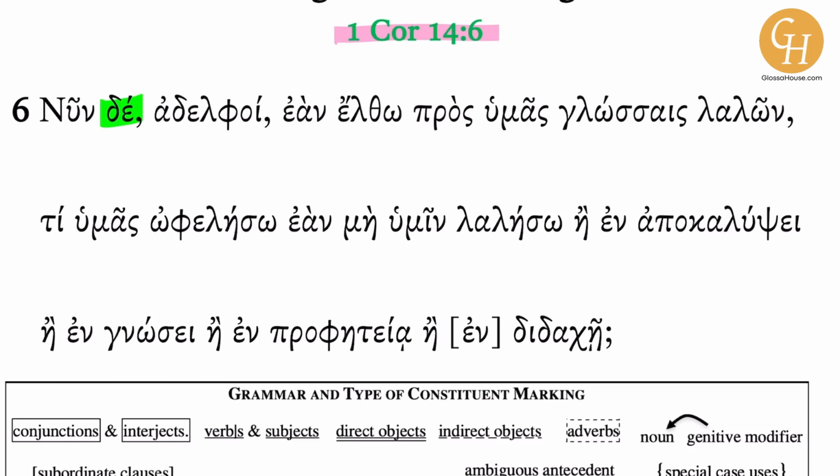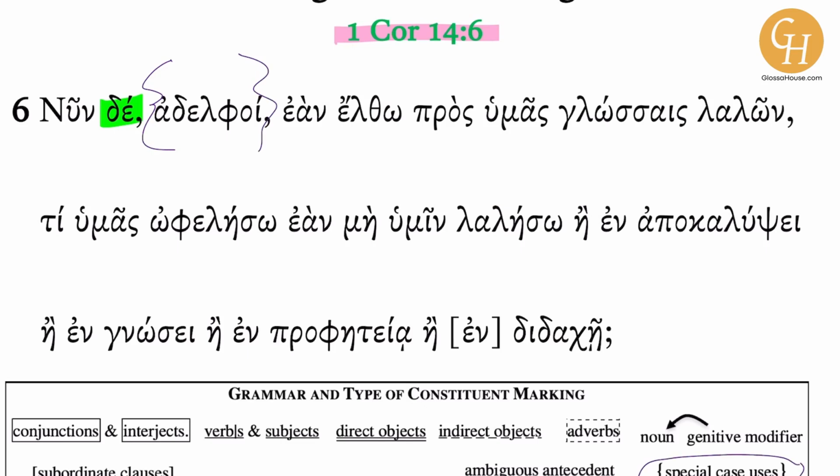We're going to look at this. So there's kind of a new step, a big new step in this argument. There'd probably be a paragraph break right here because we have this vocative. So I'm going to do some constituent marking here. Adelphoi is a special use of the cases.